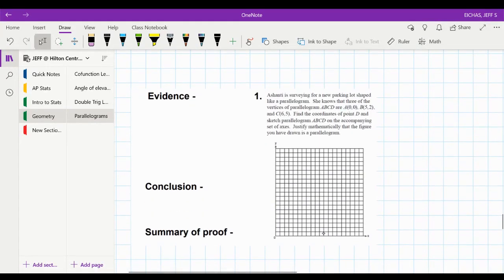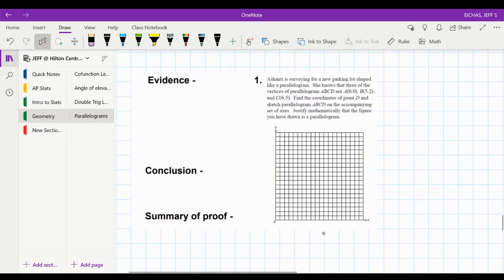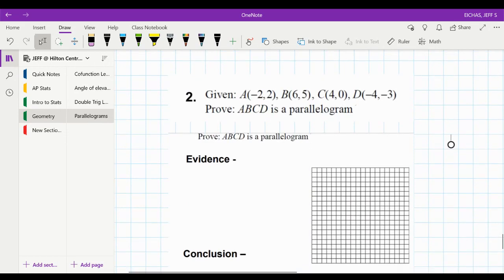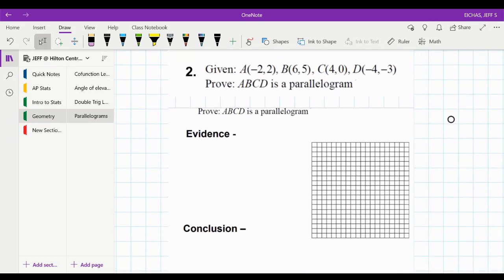Yeah, you'll have to find the missing point and then show that it's a parallelogram. So I'll do something similar here. Okay. So we'll graph it. And what I'll do is I'll run this problem, and then I'll come back and explain it because it'll take too long.